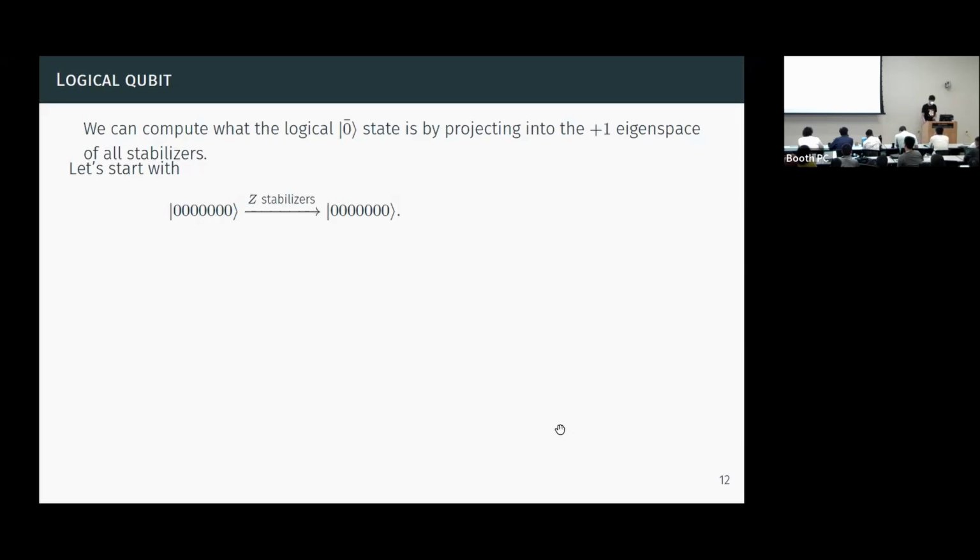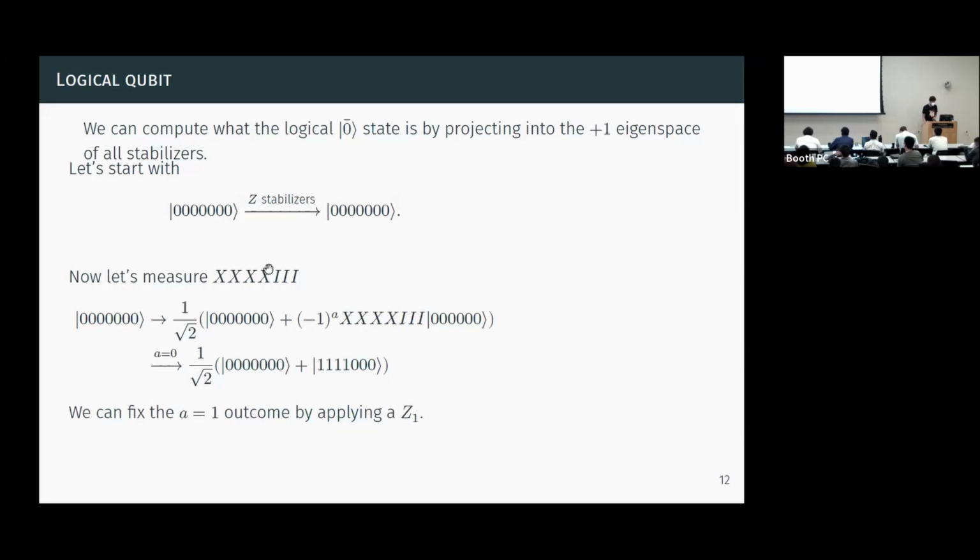So all we need to do to construct a logical state is take a string, here the all zero string, and start projecting down into the +1 eigenspace. Just keep doing that, and if you're in the +1 eigenspace of all the stabilizers, you will have a code word by definition. An easy choice to begin with is the all zero string, because it is already in the +1 eigenspace of any Z stabilizer. So if we project down into the +1 eigenspace of the Z stabilizers, the all zero string just stays the same.